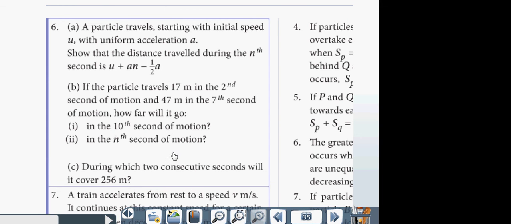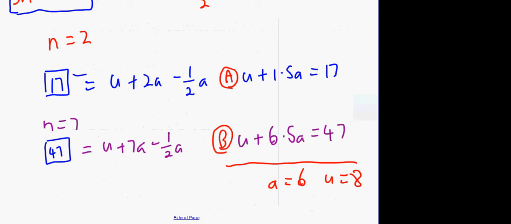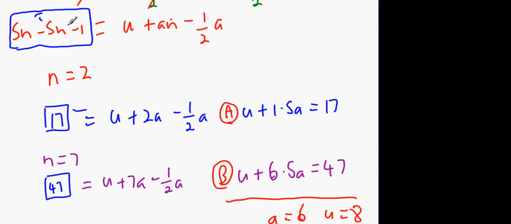I'm actually going to answer part 2 first, the nth second of motion, okay? So to get the nth second of motion, all I'm going to do is, see this formula here? Yeah? This tells you how much distance is travelled in the nth second of motion. So all I'm going to do is replace in my numbers.